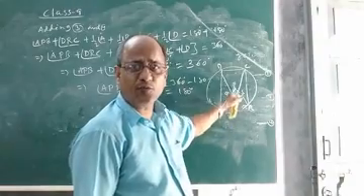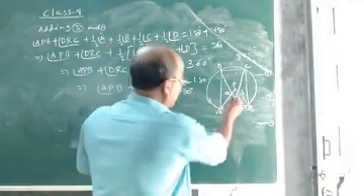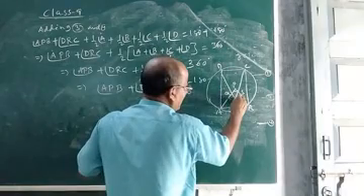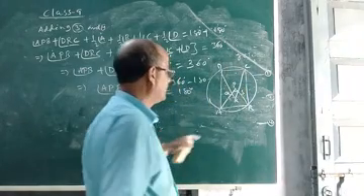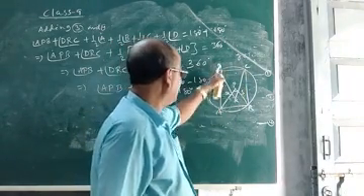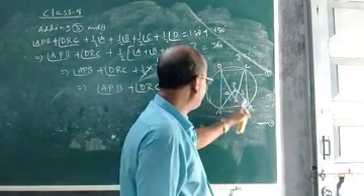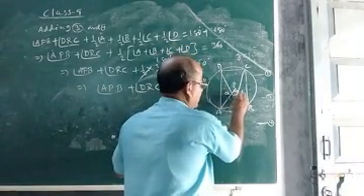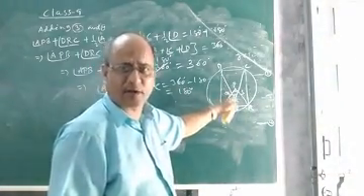And I said in order to prove PQRS is a cyclic quadrilateral, it is sufficient to show that this angle APB plus angle DRC, you see, angle APB means this angle, and DRC means this angle, this one. They form a pair of opposite angles of the quadrilateral PQRS.